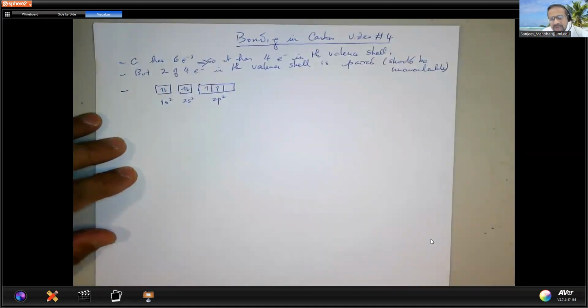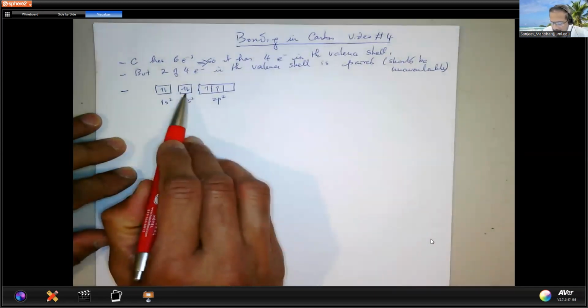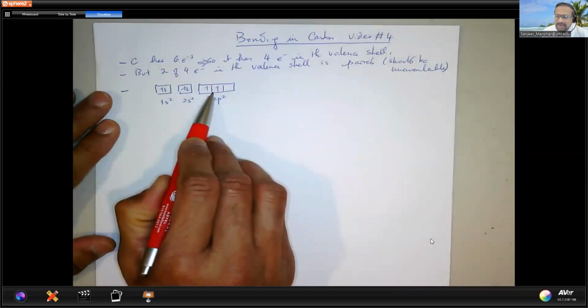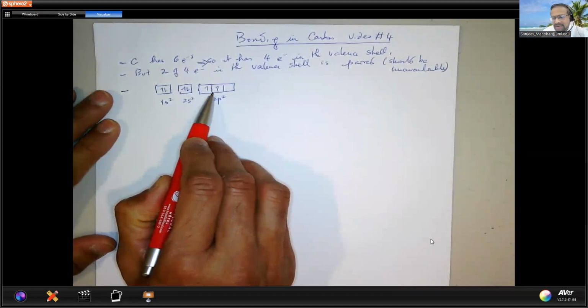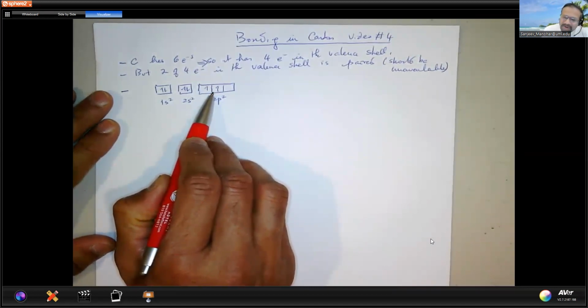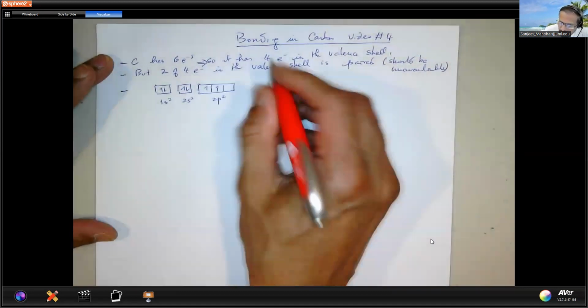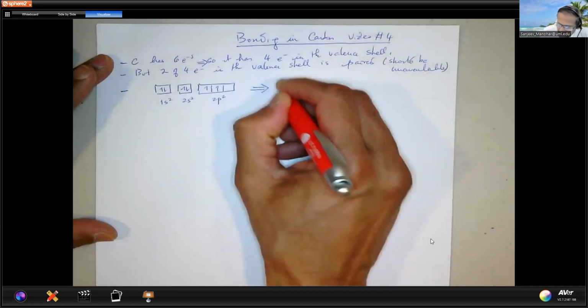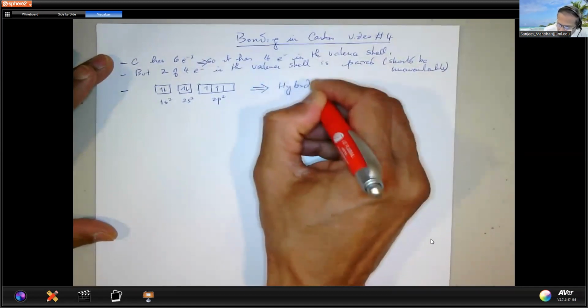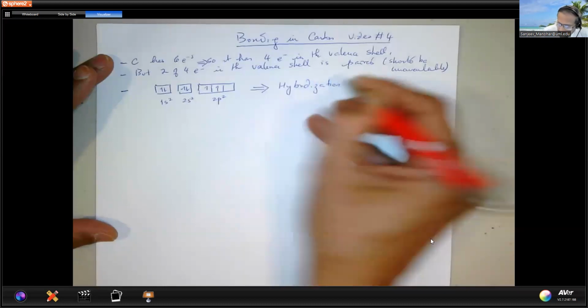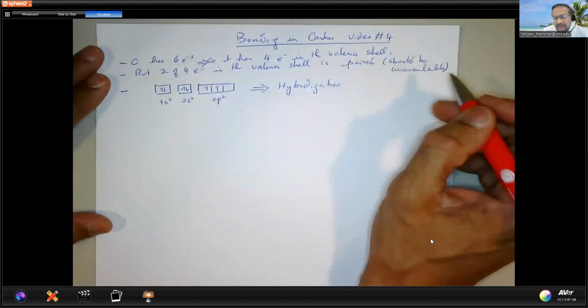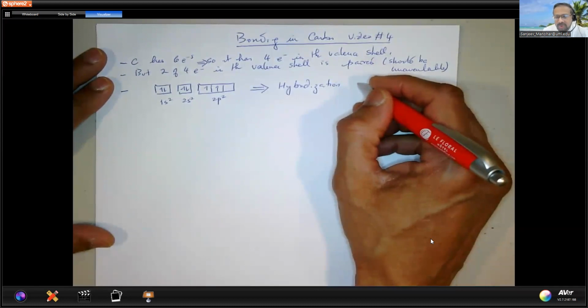Six electrons. Filled shell, so only 2 available, so its valence should be 2. It's not, it's 4. So one way they try to explain it is through the concept of hybridization. It's to explain the valence of 4 versus 2.